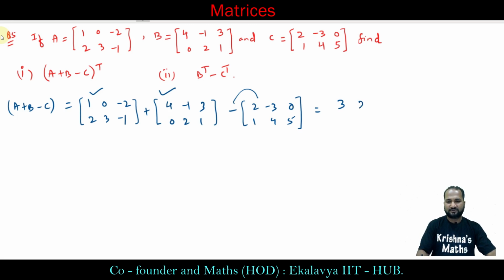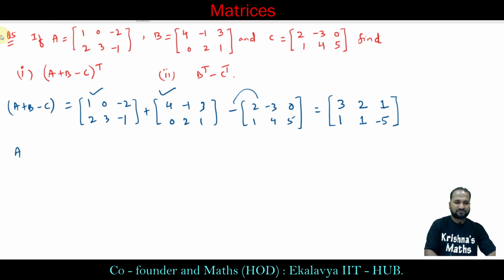Minus 1 plus 3 will be 2. Then minus 2 plus 3 is 1. 1 minus 0 will be 1. Now 2 plus 0 will be 2. 2 minus 1 will be 1. 3 plus 2 will be 5. 5 minus 4 will be 1. And minus 1 plus 1 is 0. 0 minus 5 will be minus 5. So this is A plus B minus C.